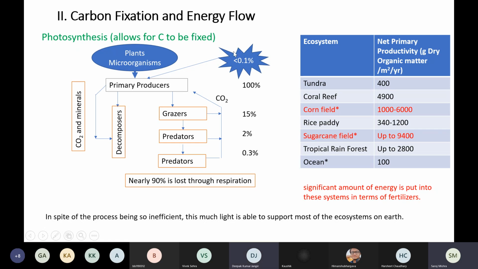And ma'am, isn't there any way for direct fixation of the carbon from the atmosphere? Is there only one way for carbon fixation, through microorganisms and plants? Absolutely. There is nothing else. Of course, today people are trying to develop technologies.